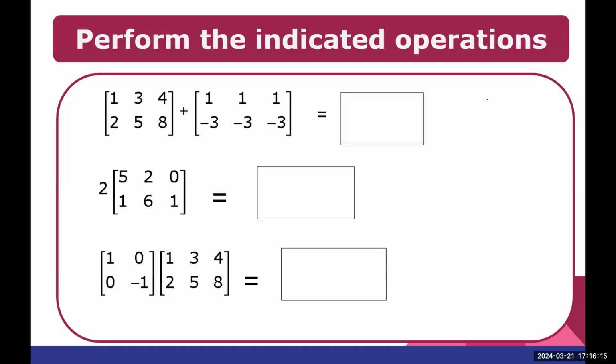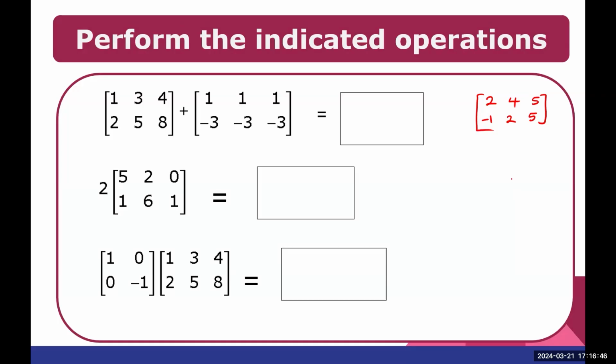So the person said 2, 4, 5, negative 2, 4, 5, negative 1, 2, 5. I'm assuming that should be in the second row.